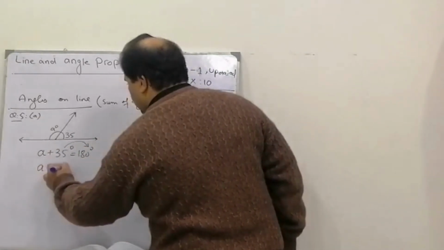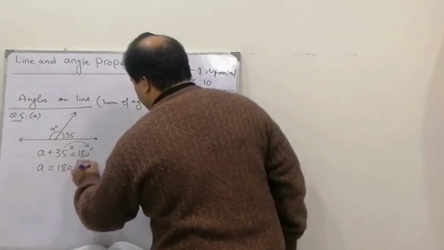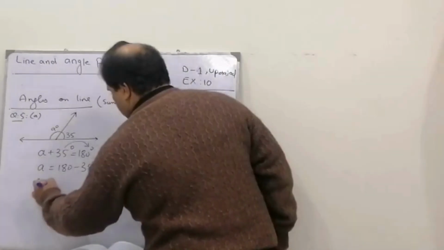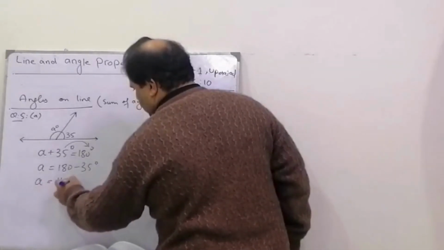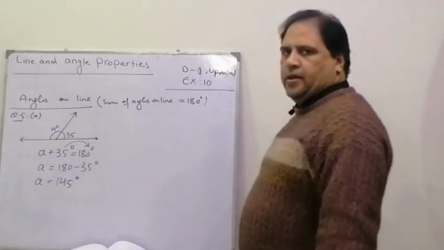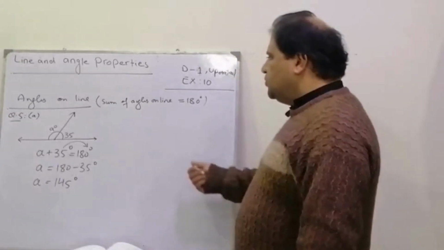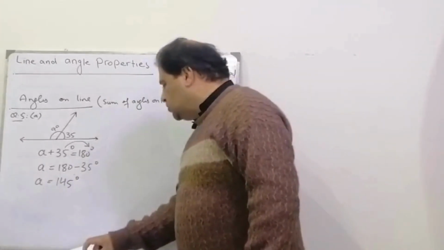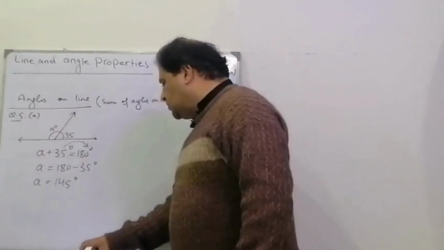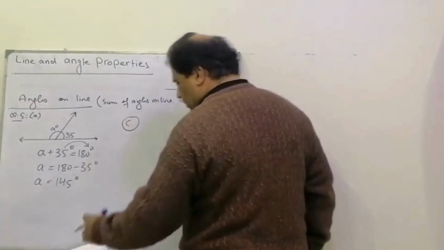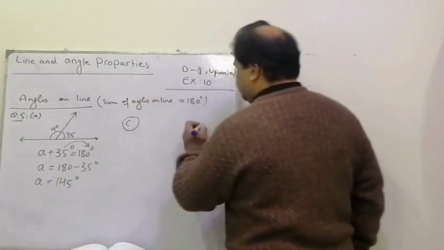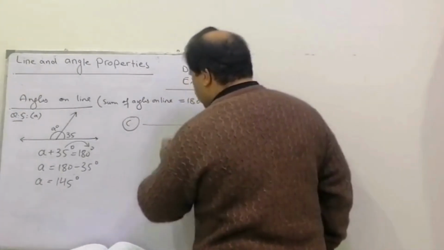A is equal to 180 minus 35 degrees, and A is equal to 145. This is the answer. If we have a situation with more than two angles or some variables involved, I am just taking the example of part C as well, that this is like this.